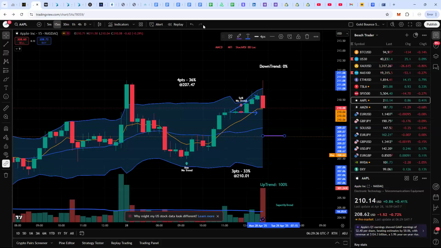That'd be great. Some of us that have the prop firm, you can't trade Apple on that prop firm. But you can trade it on the regular account.